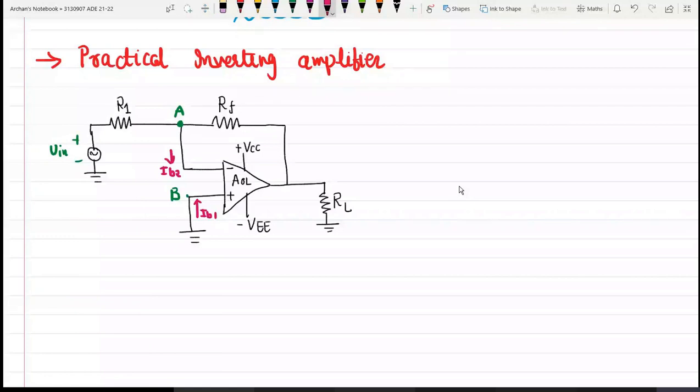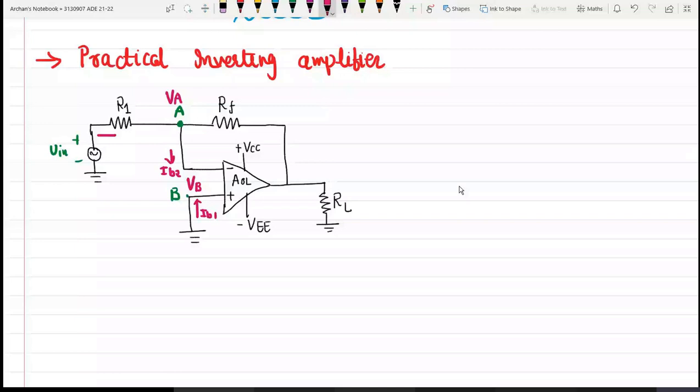Now we have some voltage VB, and here we have some voltage VA. According to the virtual short concept, VA will always be equal to VB. When we switch on the supply, there will be an input current flow in this particular direction.